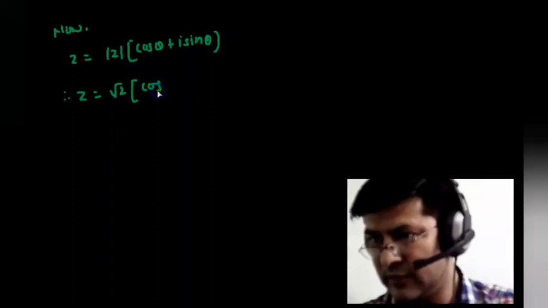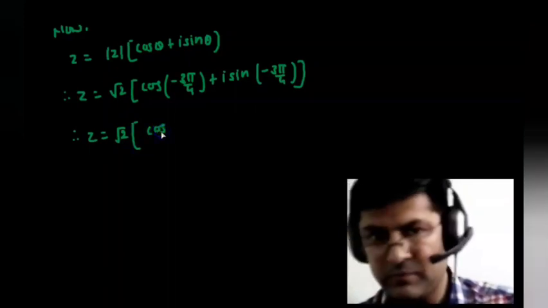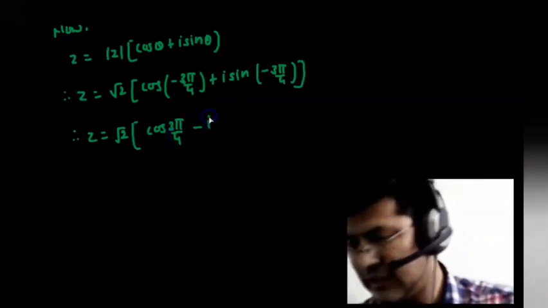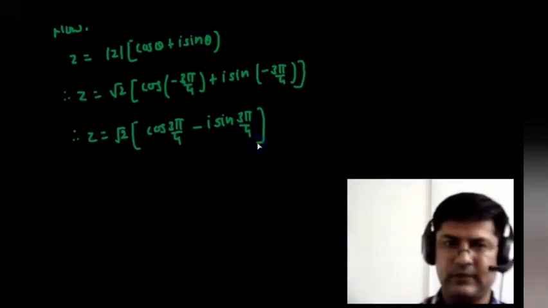Therefore z is equal to root 2 into cos of minus 3 pi by 4 plus i sin of minus 3 pi by 4. Therefore z is equal to root 2 times: cos of minus theta we know is cos theta only, so cos 3 pi by 4, and sin of minus theta is minus sin theta, so minus i into sin 3 pi by 4. Clear?